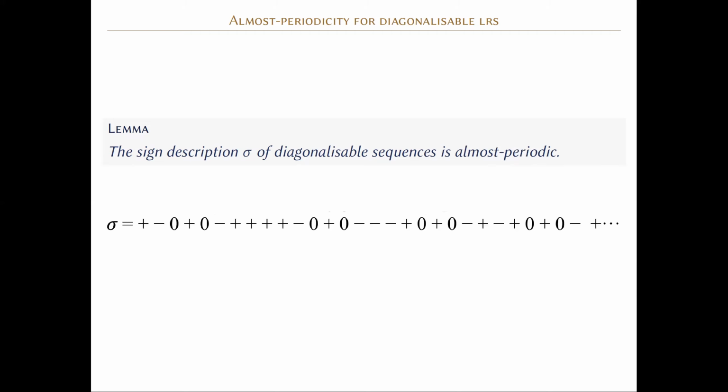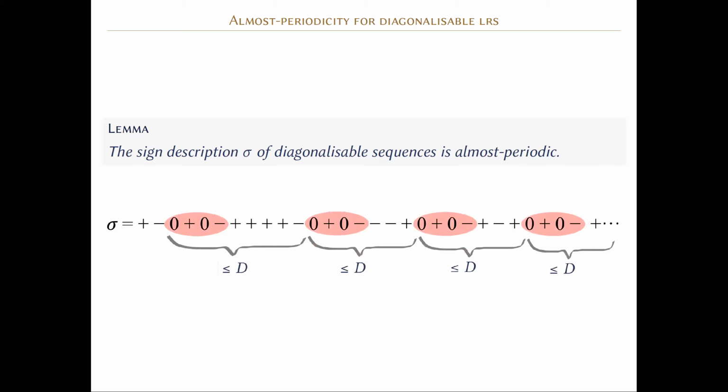It is almost periodic if for every finite word that occurs infinitely often, the distance between consecutive occurrences is bounded. So everything that happens infinitely often is going to happen within a given bound. And we use this to verify the sign pattern of diagonalizable sequences.